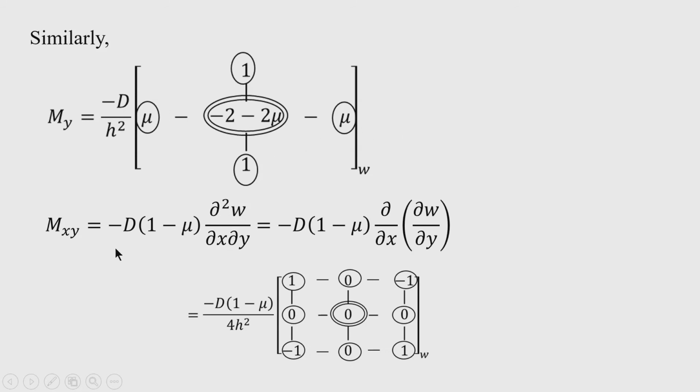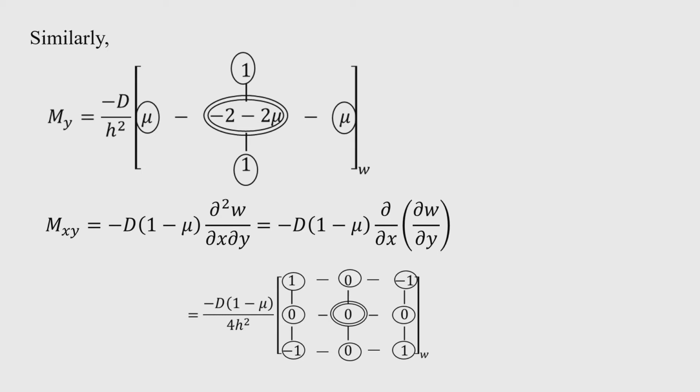Then the m x y, the mixed derivative, is also needed, because if we consider shear buckling, the shear buckling equation is formed with the term 2 n x y del square w by del x del y, and the other in-plane forces, n x and n y, are associated with the second derivative in their respective directions.